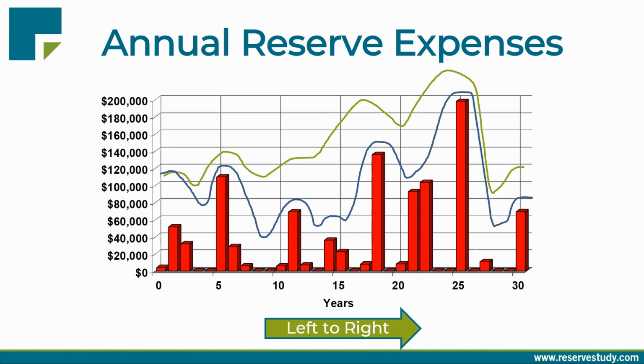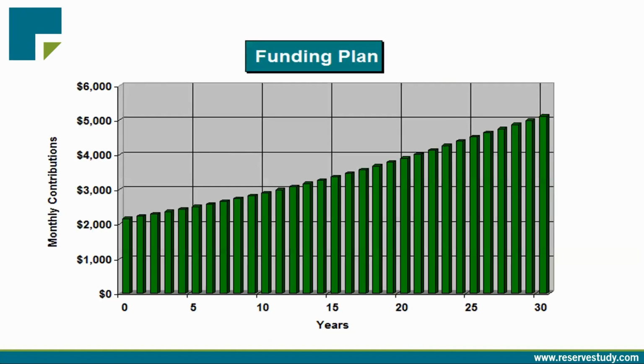Then you develop a smooth, multi-year funding plan looking at expenses projected out over the years, left to right, that provides sufficient margin pursuing the chosen goal. So while the component method is up and down, the cash flow method deals with exactly the same expenses, just looking at them from left to right. And when you do that, you can create a funding plan that is smooth over the years, gradually floating upwards with inflation.